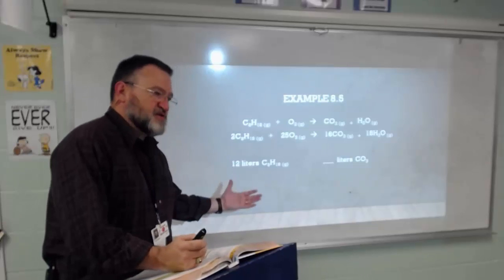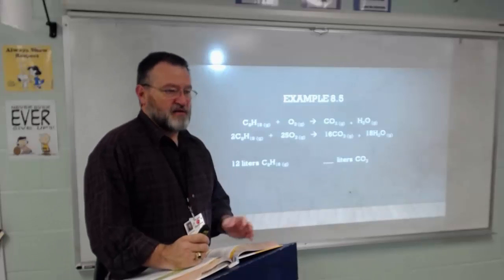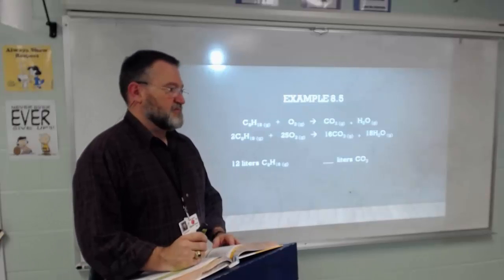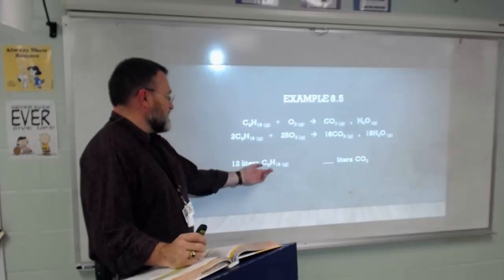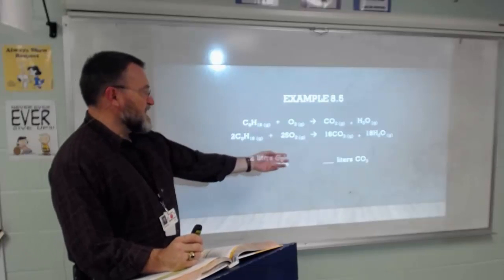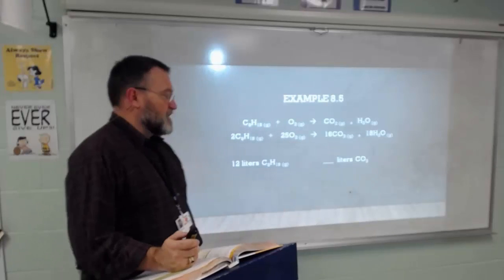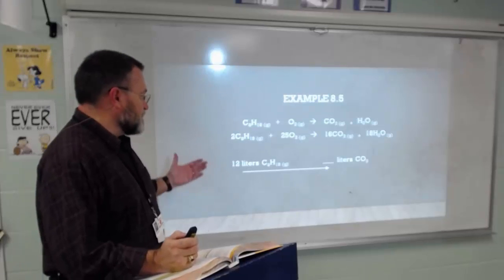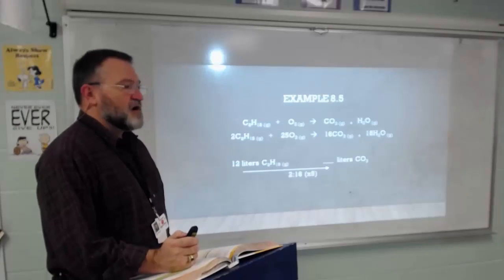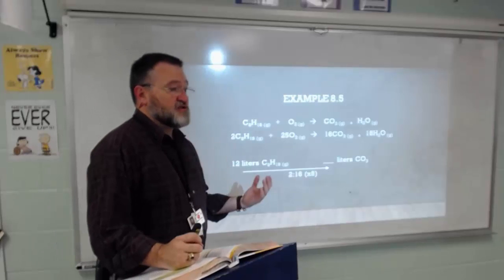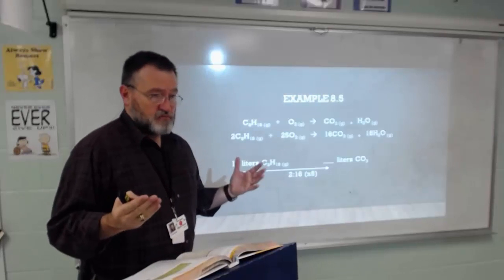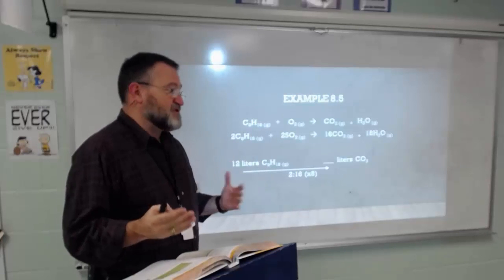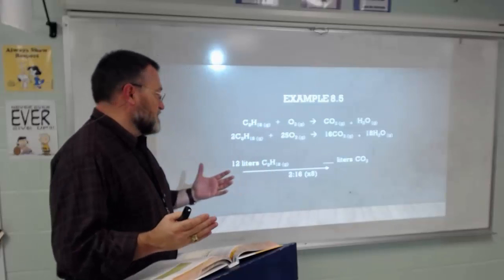Our setup is going to look exactly as if we're working with moles. We have 12 liters of octane, and the question is, how many liters of CO2 are produced? Working across from left to right, our mole ratios, or in this case, our volume ratio. The ratio of the volumes is going to be the same as the ratio of the moles.